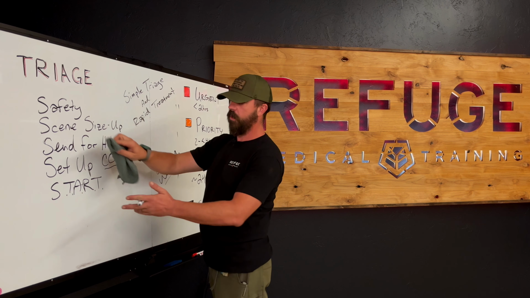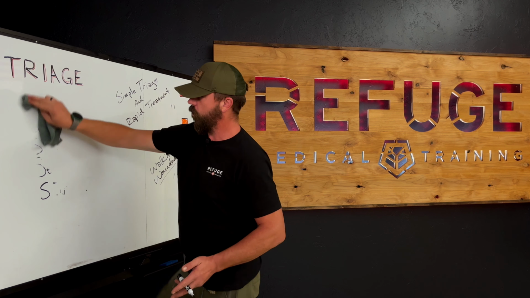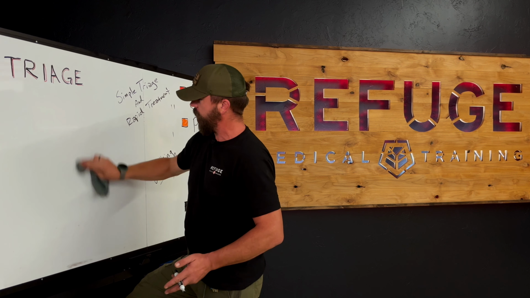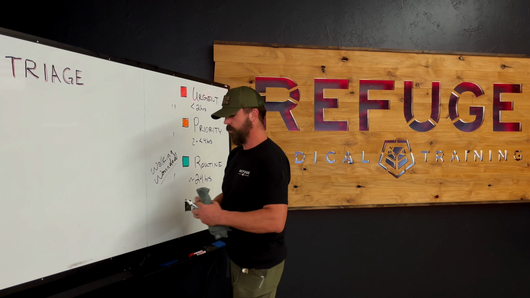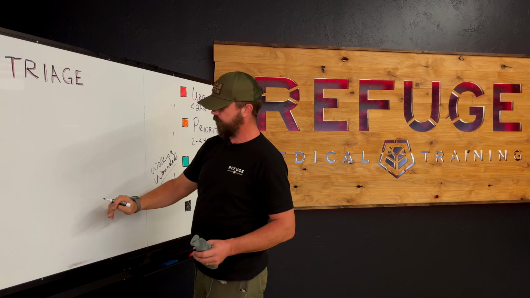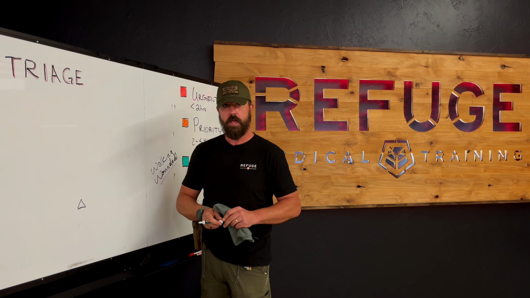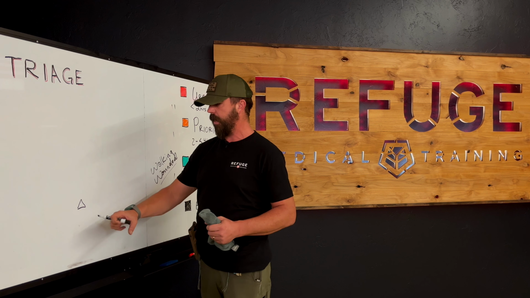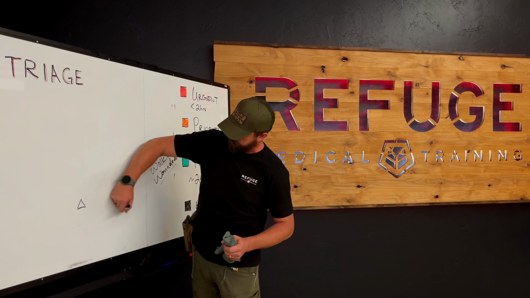So I'll have the 5 S's. You can back it up if you need it. One of the aspects with that would be considered when you're taking in your CCP. So let's say I set myself up here and people are bringing me casualties. They're coming in this way from the site of the incident.